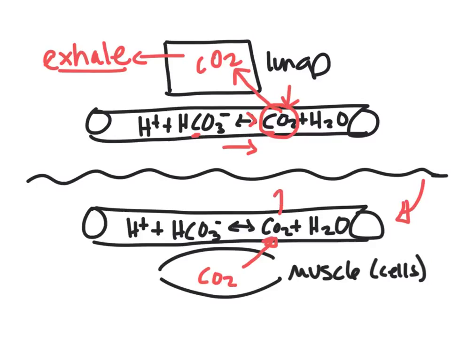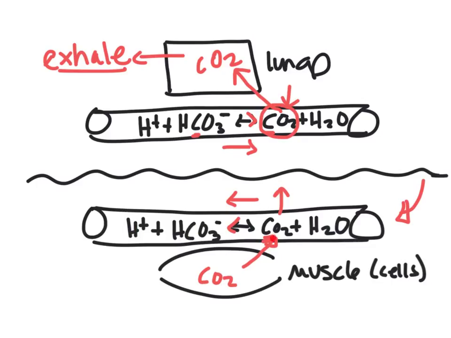Because now we're adding CO2, we're adding carbons. So now the right side of this equation is getting heavy. We need to fix this disruption. The way the body fixes it is this reaction shifts to the left. So water starts to bind with CO2, and in the process we produce hydrogen ions and bicarbonate ions.